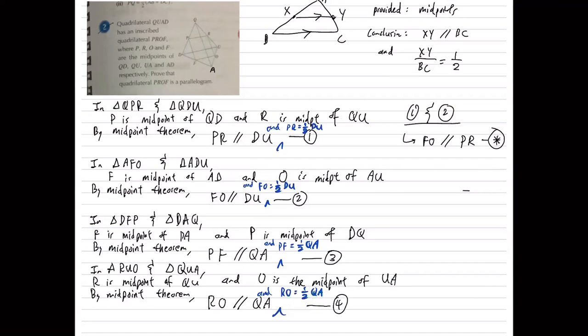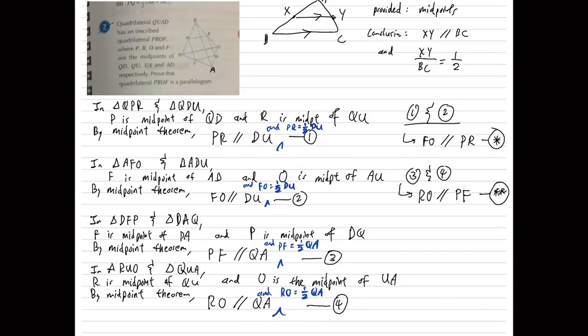So right, we look at number 3 and number 4. We realize RO is parallel to QA. QA is parallel to PF, which means that RO is parallel to PF. So at the side we can write down 3 and 4 tells us that RO is parallel to PF. Call it the second asterisk.